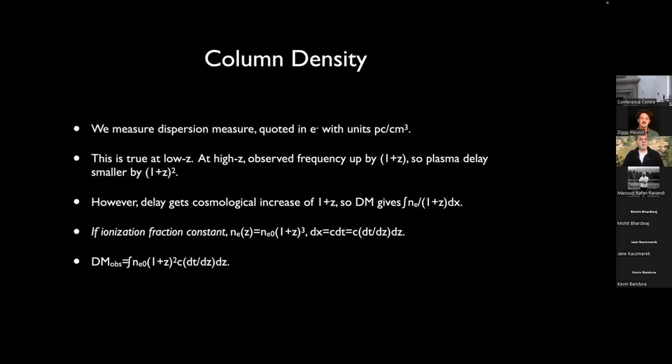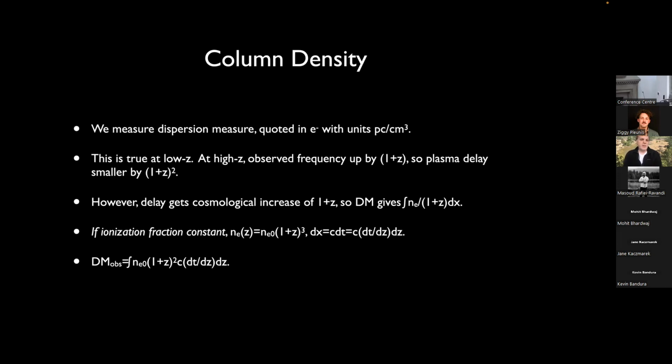So if the ionization fraction is constant, which may be true, then we pick up an extra factor of 1 plus z cubed for the density at redshift z. You can do this many ways, but we'll write dx as c times dt/dz, because the time dependence of redshift is pretty easy to get from cosmological calculations.